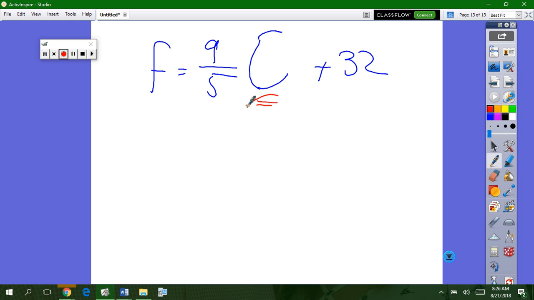Subtract the 32. Once again, that says times. Do we want to divide by a fraction ever? We want to times by its reciprocal. So we're going to times by 5/9.